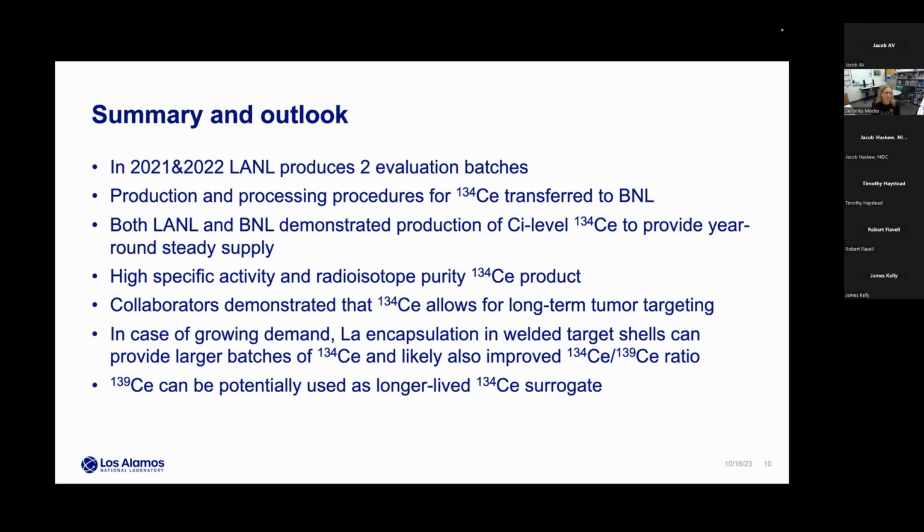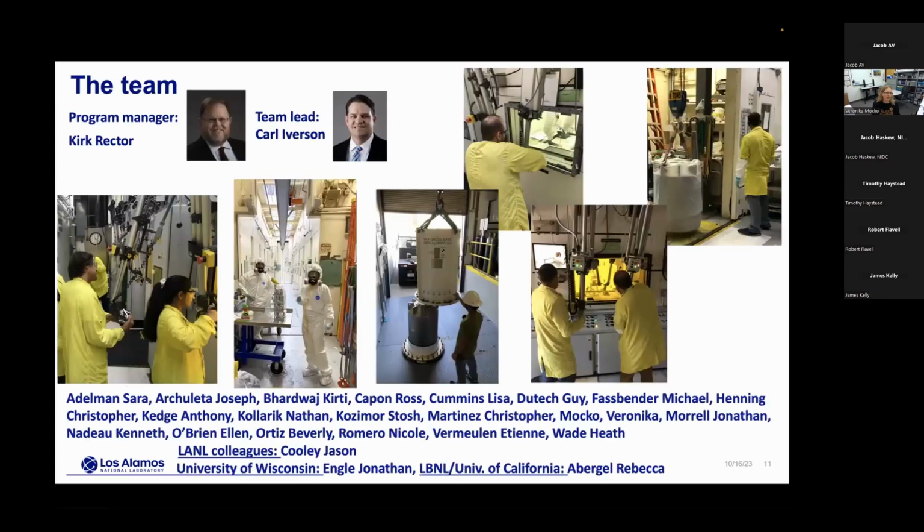We can also suggest that if customers would like to do some proof of concept experiments, there might be a possibility to use Cerium-139 as a long-lived Cerium-134 surrogate. Just to mention briefly, Cerium-139 is typically used as a mixed calibration standard, so it's also a very useful isotope for that.